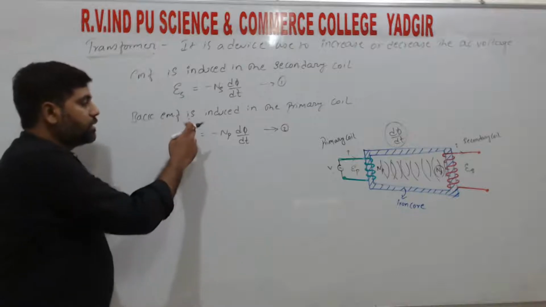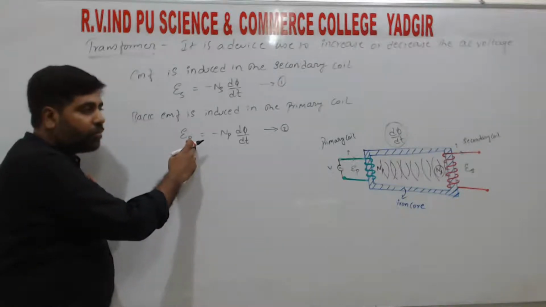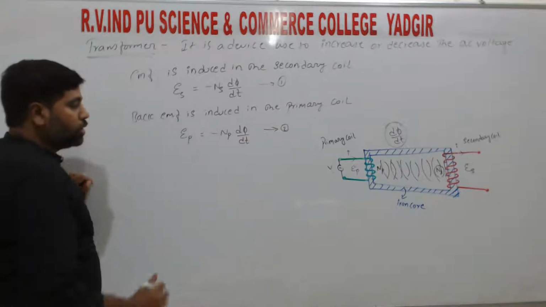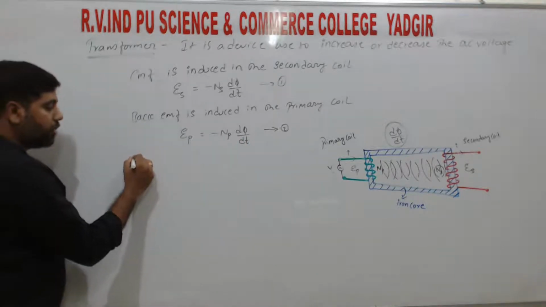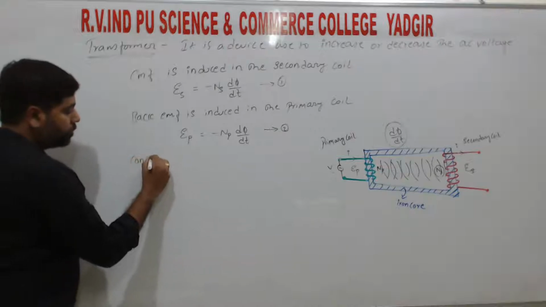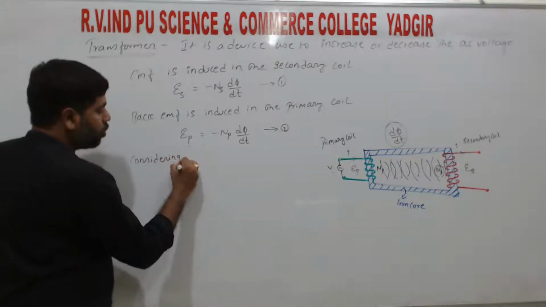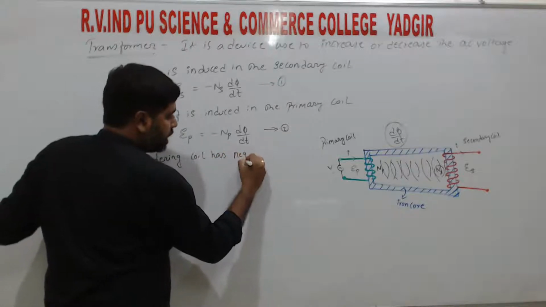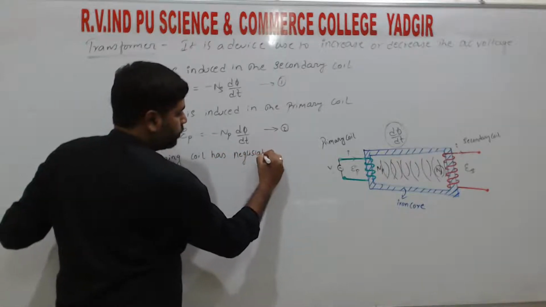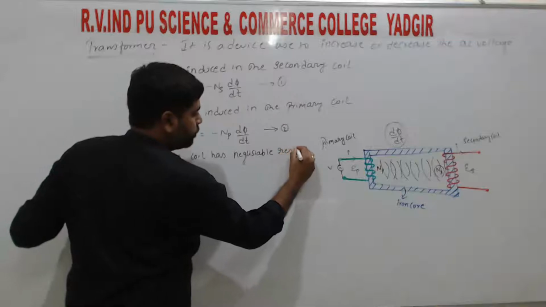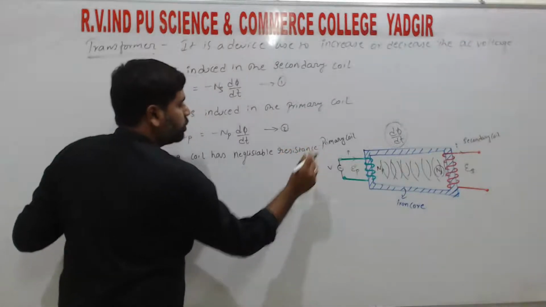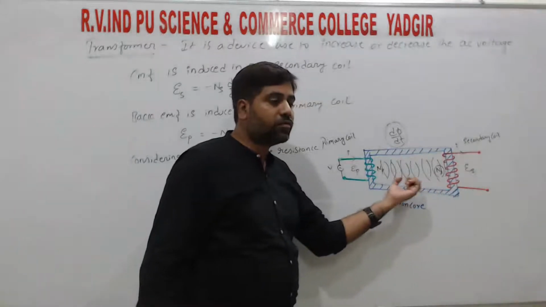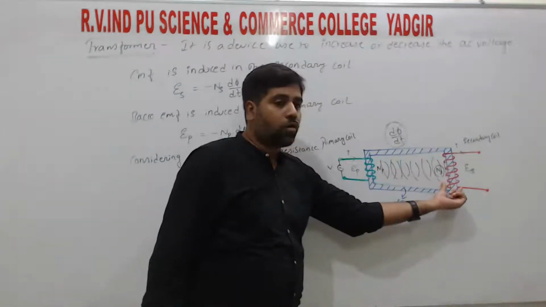So ES and EP are the EMFs produced in the secondary coil and primary coil, right? So here, considering the coils have negligible resistance, that means there is no resistance in these two coils, right?